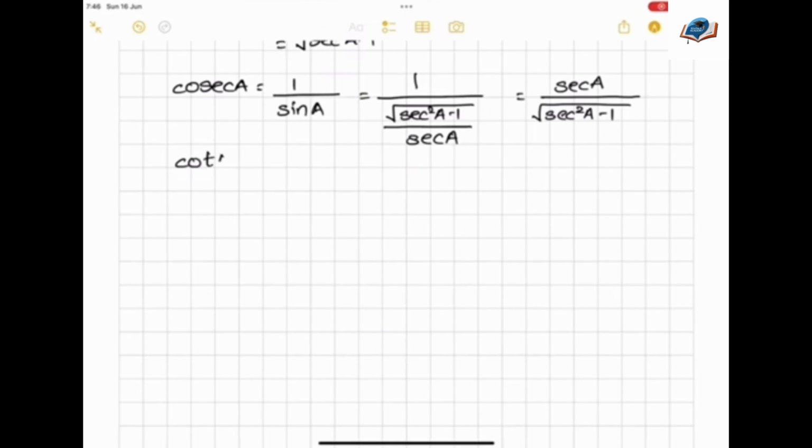Now cot A equal to 1 upon tan A. So tan A already we have found. So 1 upon root of sec square A minus 1.